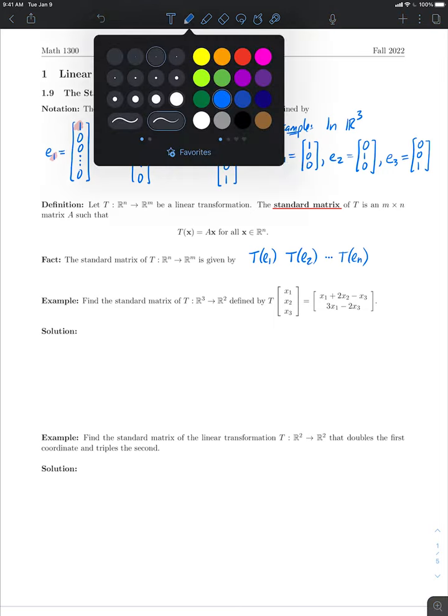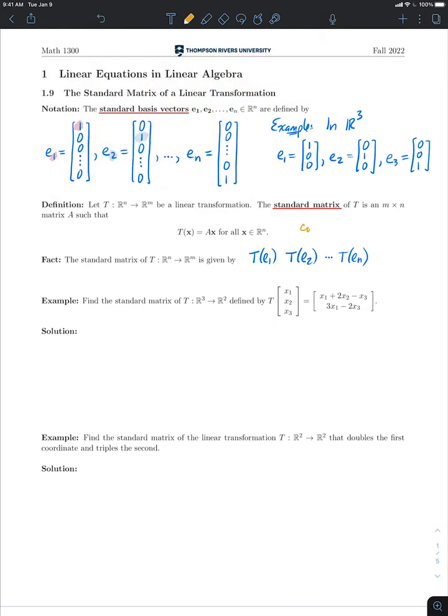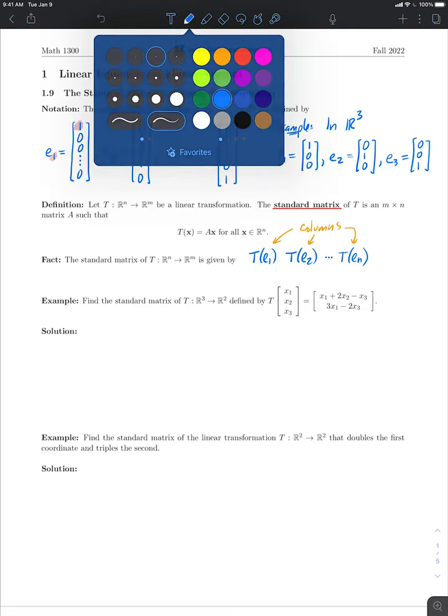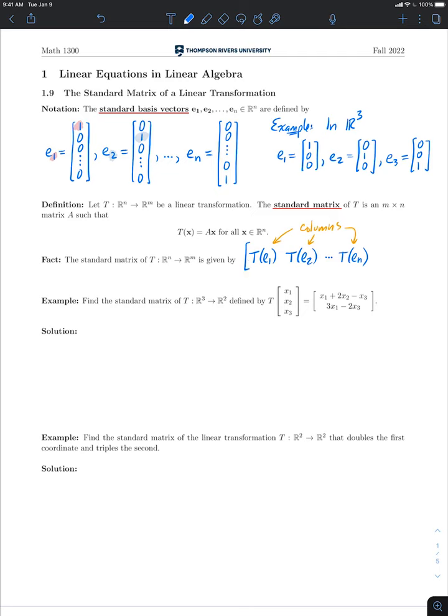Then you just paste those together into a matrix, as columns. That's what these square brackets are meant to indicate. This is going to be equal to the matrix A from this definition. That's the matrix A that you want. That's the standard matrix of T.